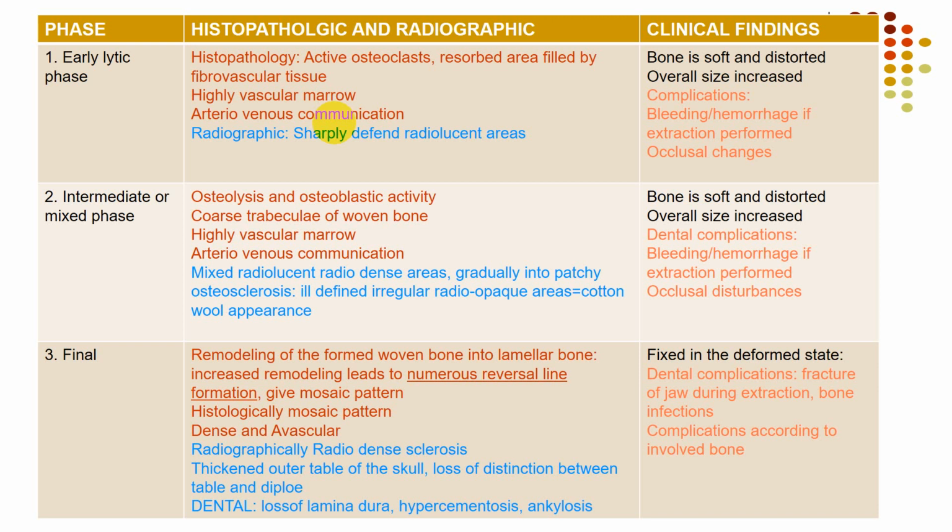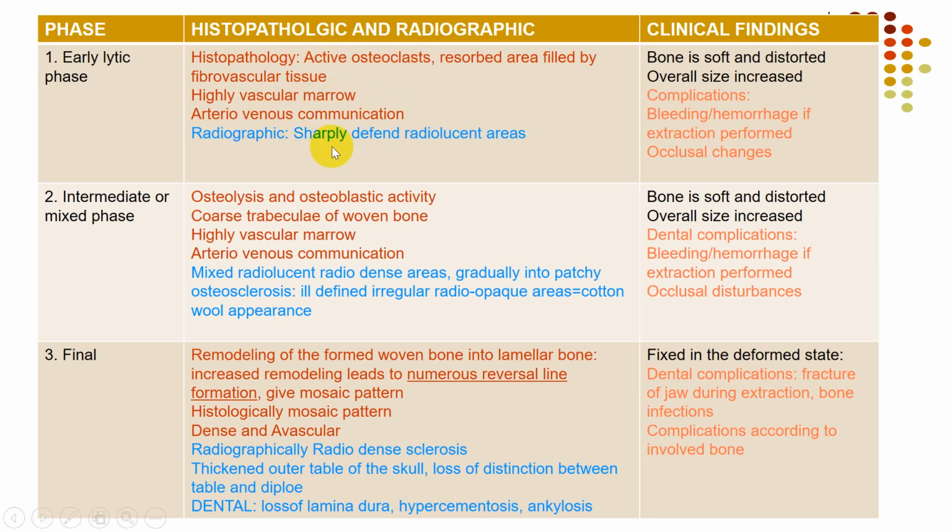It is not passing through the normal histologic appearance of artery into arteriole, into capillary, and then venule and then vein. No, it goes from artery to vein. In these circumstances, if you have a surgical procedure done, you will have excessive bleeding. So, resorption of bone, highly vascular marrow, and radiographically, what are you expecting to find?